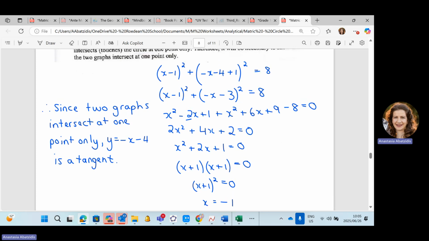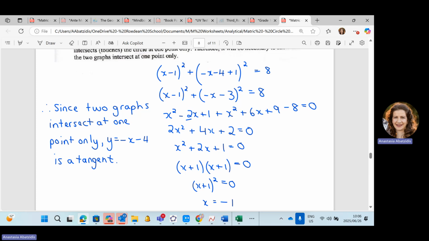The answer with negative one also counts as a valid answer. Oh, it does. You're just showing it's tangential, so you're just showing there's 1 point of contact. No, hang on. This has nothing to do with the gradients. This is solving simultaneously and getting one solution.